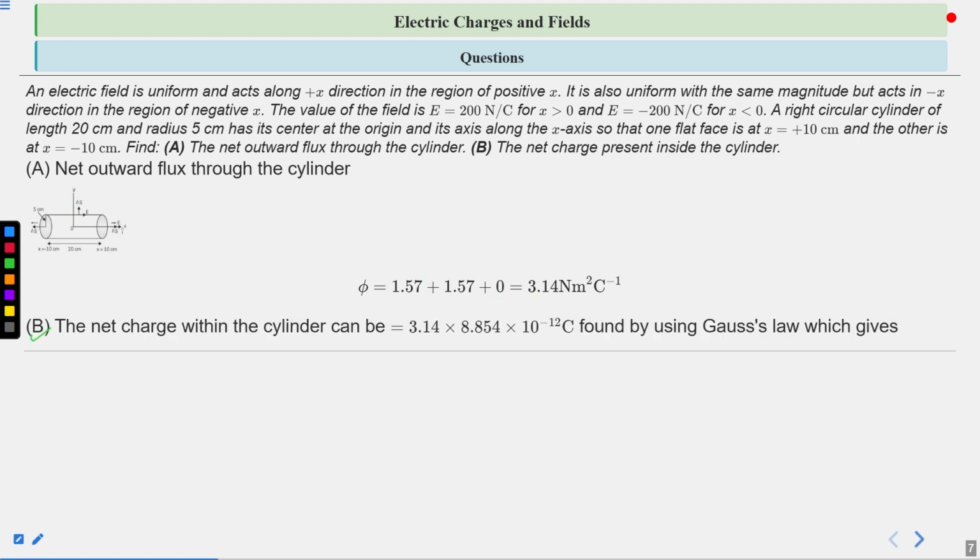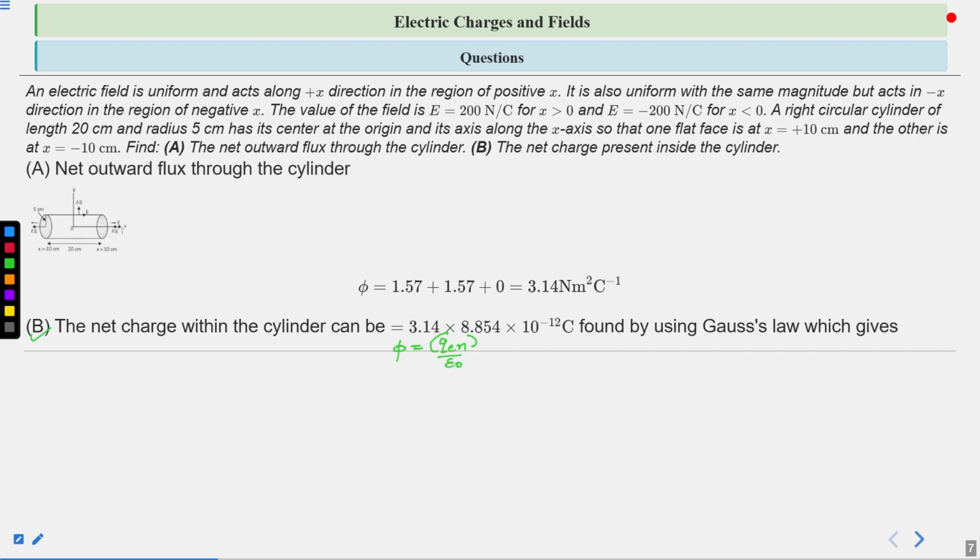Second, what will be the net charge within the cylinder? According to Gauss theorem, you know what Gauss theorem is: the total flux enclosed by the closed surface is the charge enclosed divided by epsilon naught. It means we have to find out Q enclosed. So Q is phi into epsilon naught.